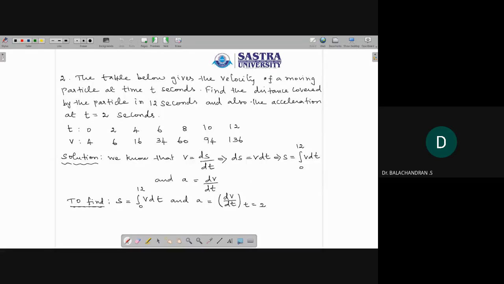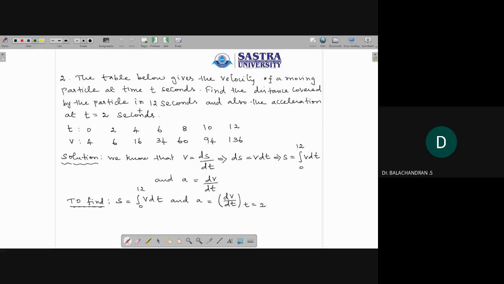Next problem. The table below gives the velocity of a moving particle at time t seconds. Find the distance covered by the particle in 12 seconds, and also the acceleration at t equal to 2 seconds.